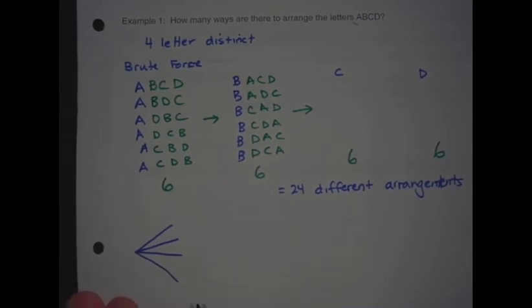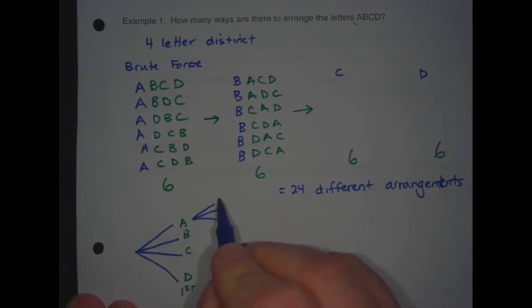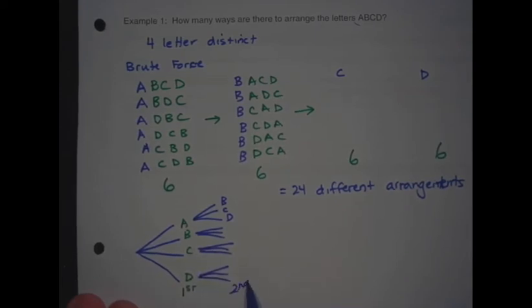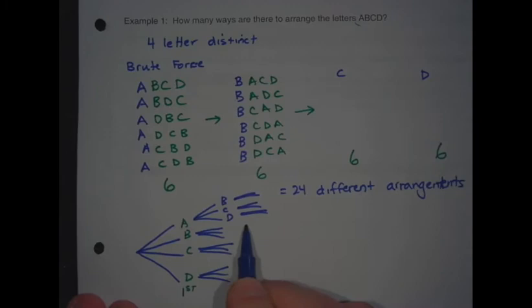Here's my first letter, I could have A, B, C, or D. Then I could think of it branching off of that: 1, 2, 3 different ways, so B, C, D. There's a second way of placing those things. And then I can go here, there's 2, 2, 2, and I keep going with that.